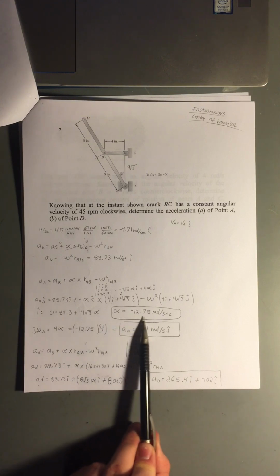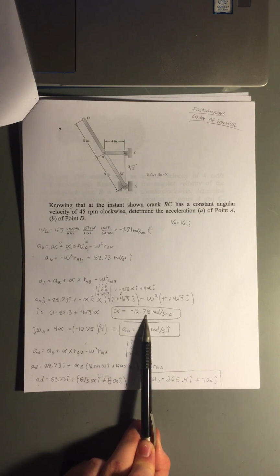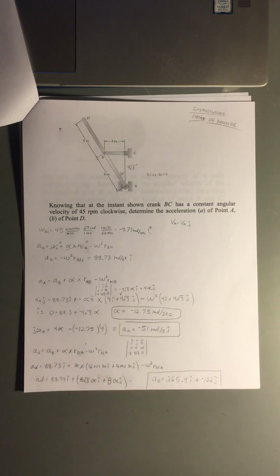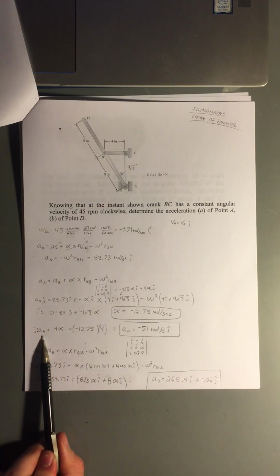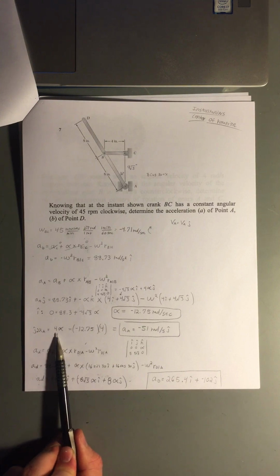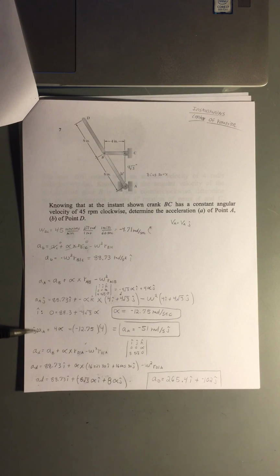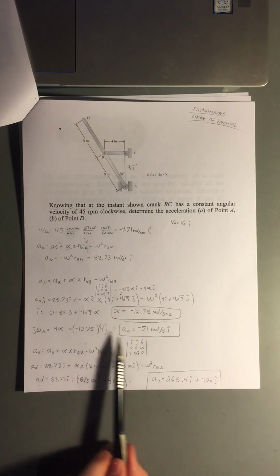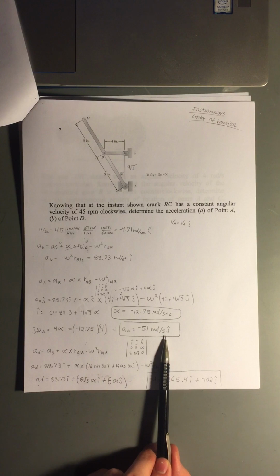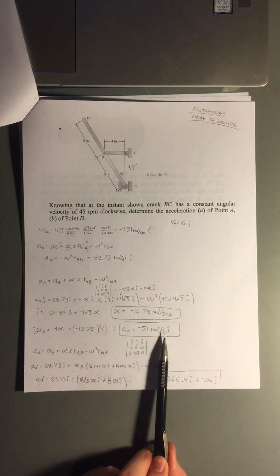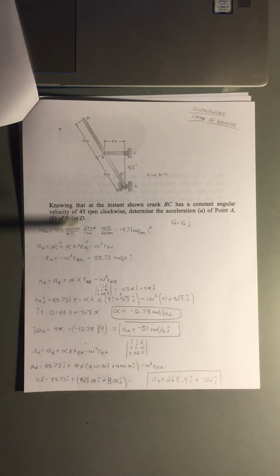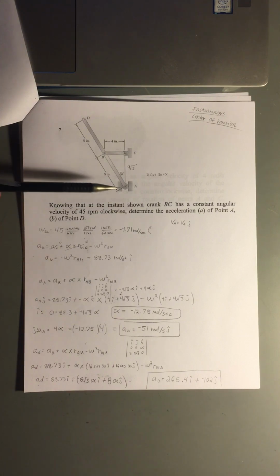And so that gives us a value of alpha of negative 12.75 radians per second squared. And then doing the j hat direction, we have acceleration of A equals 4 alpha. And we solved alpha from the I components, and so multiplying alpha times 4 gives us our acceleration of A in the j direction. So it is traveling down at 51 radians per second squared.